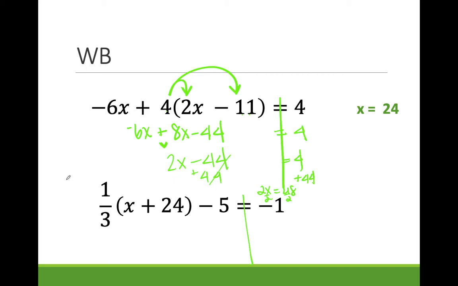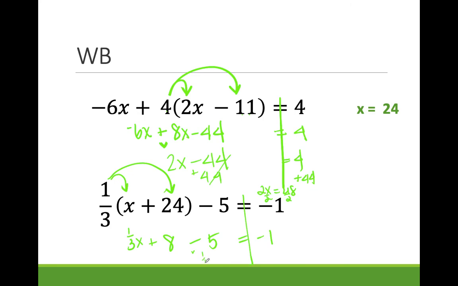For our second example, starting by distributing the 1/3, you get 1/3 x plus 1/3 of 24 is 8 minus 5 equals negative 1. Now, you can either combine 8 minus 5 right away, or you can add and subtract them one at a time. I like to do it all at once.